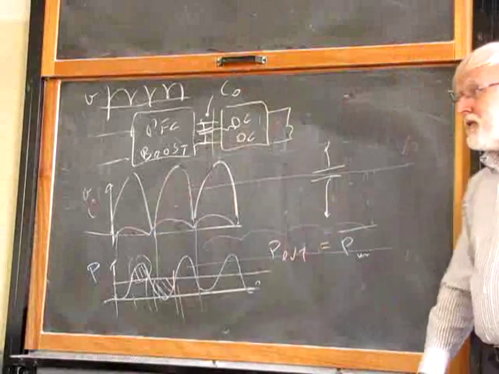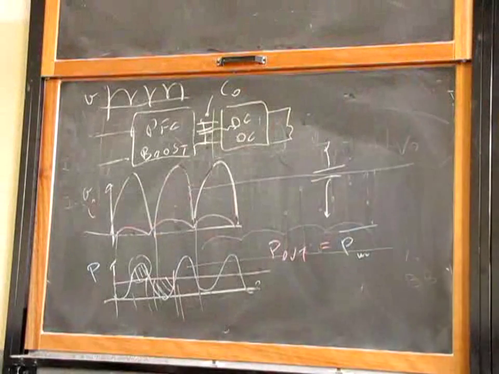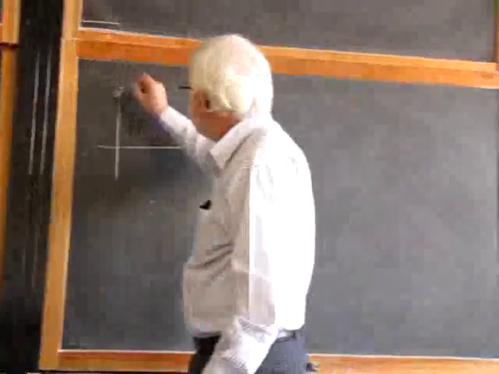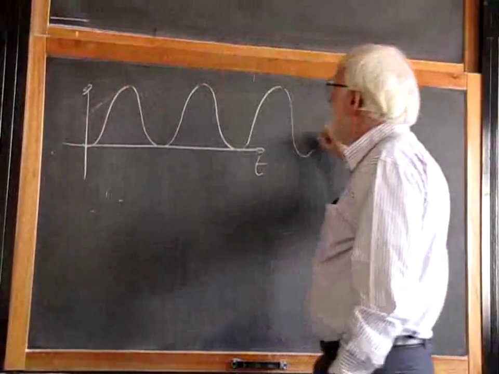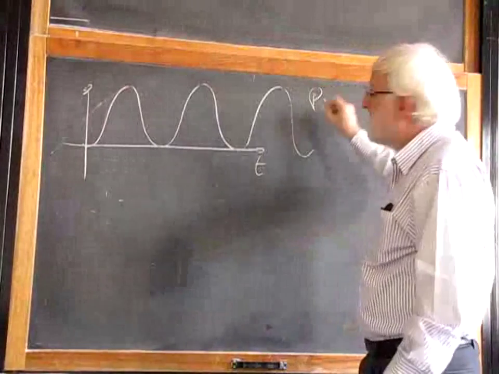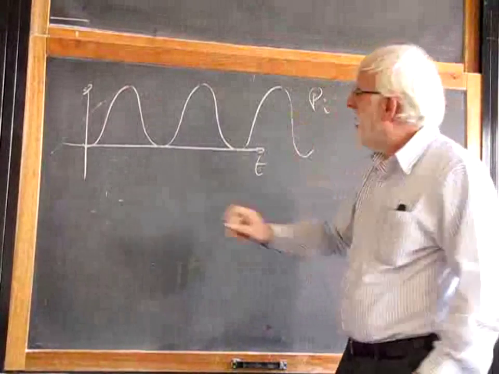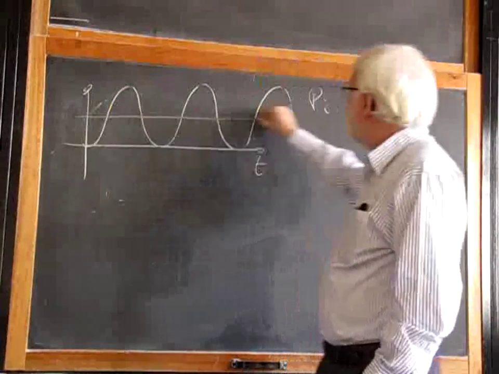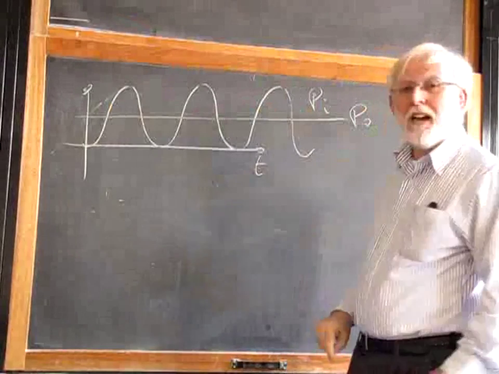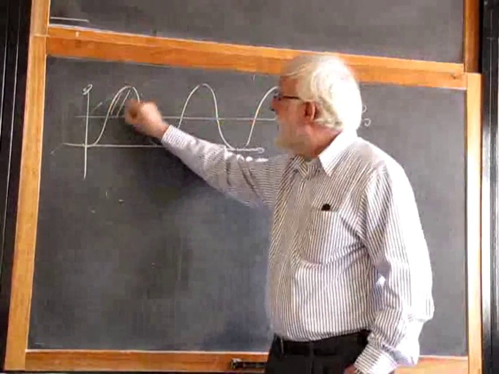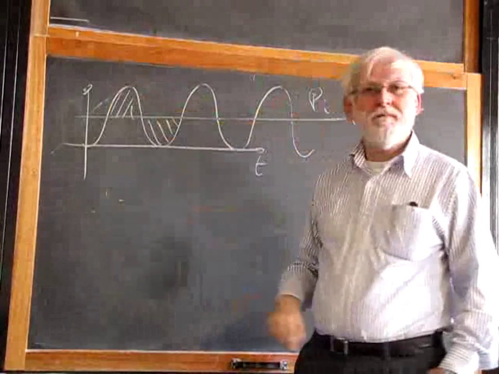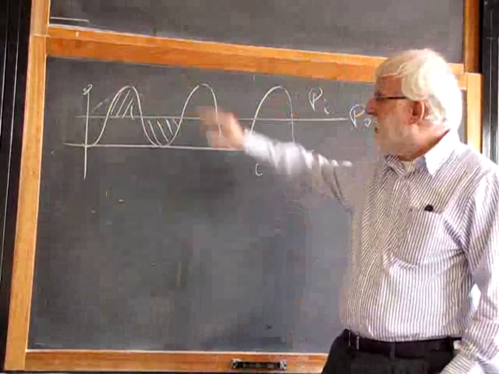Well, it's easy because this is the input power, this instantaneous input power. The average output power is this, one half of it. This is a sinusoidal function. This area equals this area, because it's sinusoidal, I just shift it up.